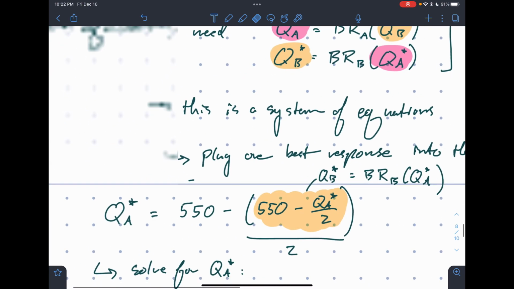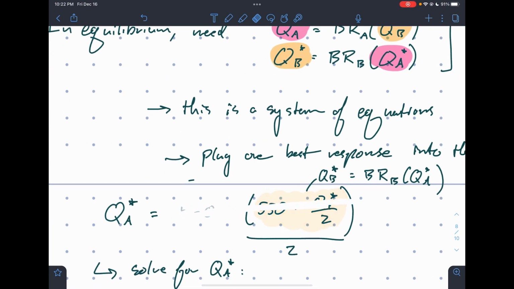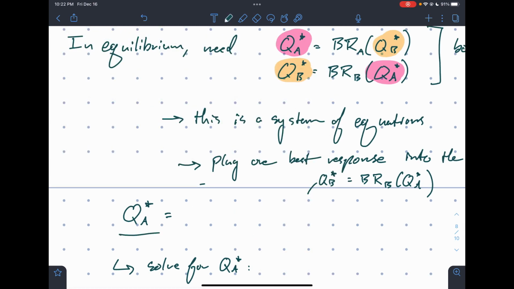So just showing you how I do this here, I'm going to rewrite it again. I'm going to plug QB star into QA star.